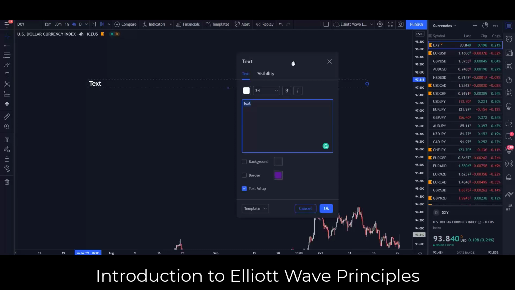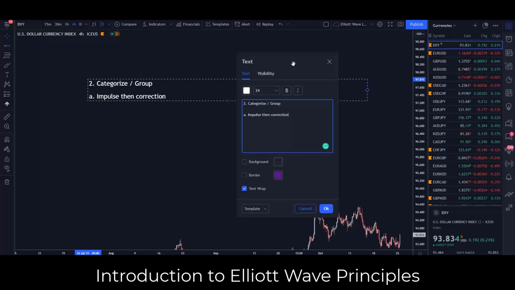Now the second step over here is you want to start to categorize, or I would say group, the impulses and corrections together. When you start to do that, you realize that you do have three main groups. The first one is an impulse push followed by a correction. Imagine jigsaw puzzle pieces: you take two pieces and mix and match them together, right?